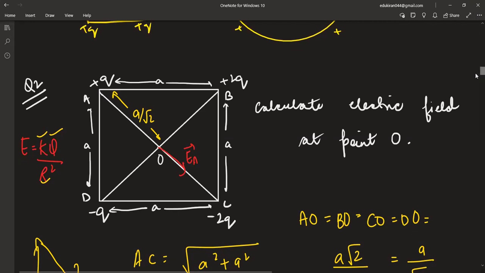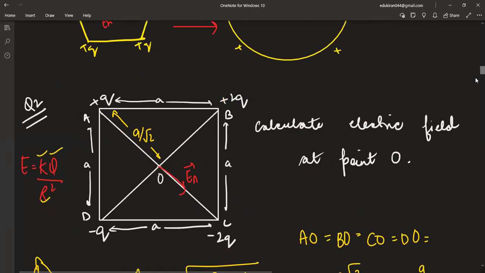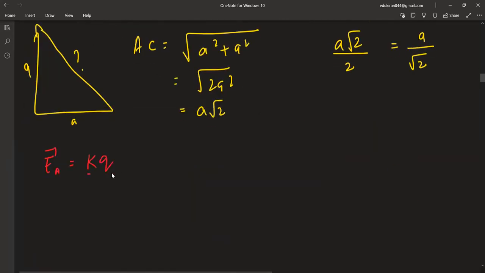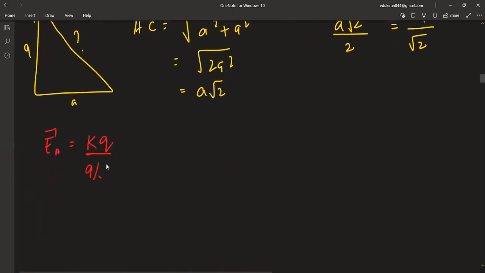How to write its magnitude? K is constant, the charge present here is plus Q, so this becomes KQ divided by R square. The separation from point O is A by root 2, so this becomes A by root 2 whole square. Root 2 into root 2 becomes 2, which goes up, so EA is 2KQ by A square.